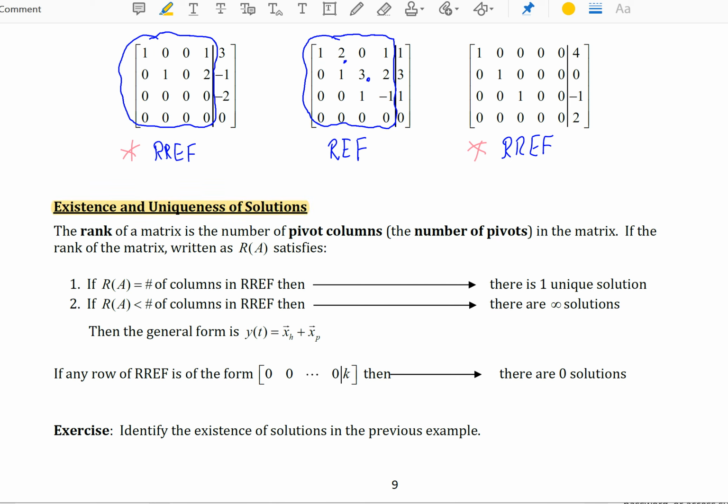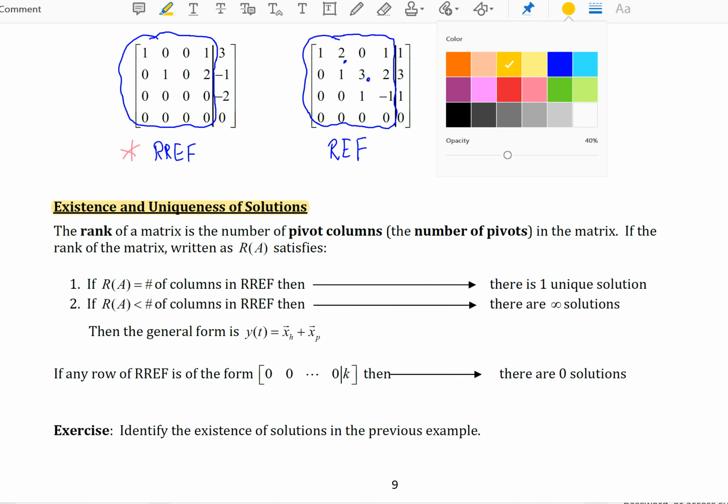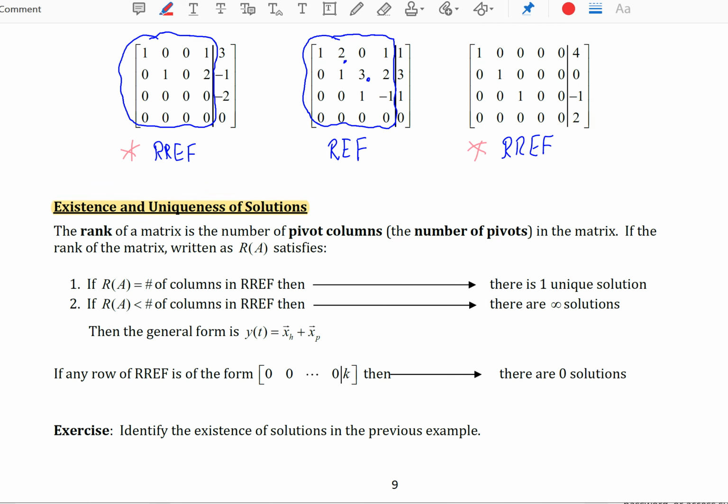Meaning, does a solution exist? And if it does exist, is it unique? Is there one or more solutions that exist? And we can get that from the RREF matrix.